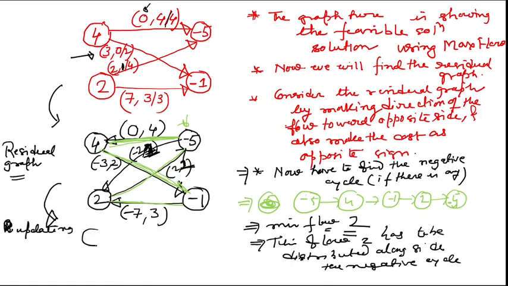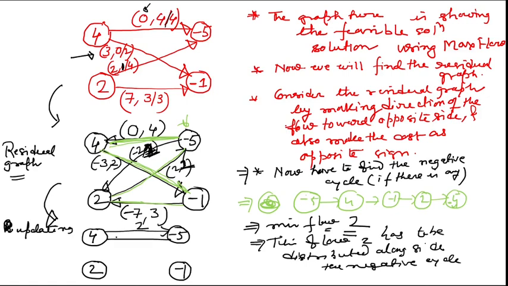What is happening here? 4, -5, 2, -1. Now 2 is the minimum. So we are redrawing it. Okay. So what will happen here? 4 is the capacity. So this side it will be 2.